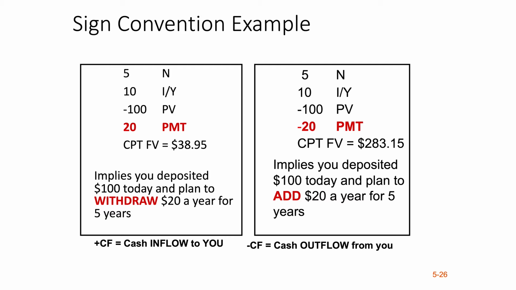See the sign? Negative, negative. First you put in 100, then each year you put in $20. The total value at the end of the 5 years is 283. So here you are adding. Make sure the sign makes sense: cash inflow, cash outflow. This is an important concept you need to understand.